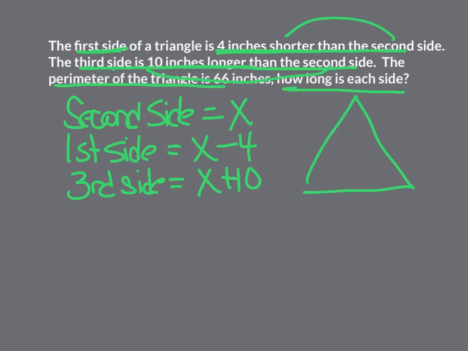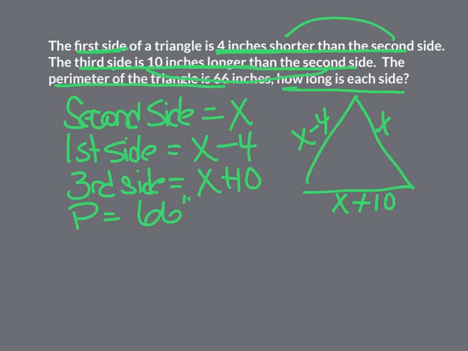All right, so we've got x, x minus 4, and x plus 10. And they told us that our perimeter is 66 inches.